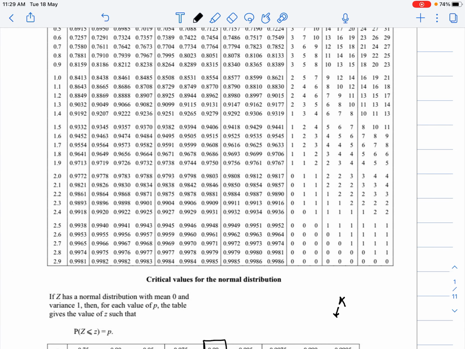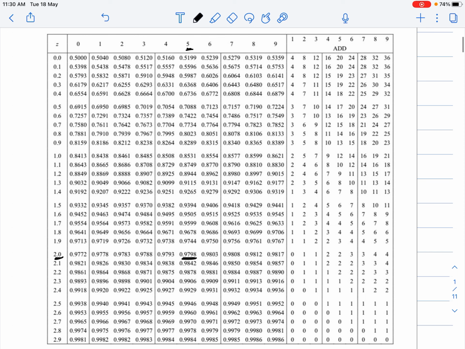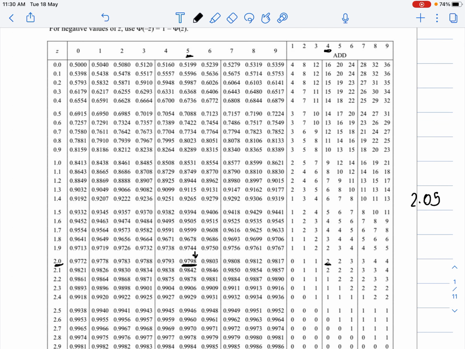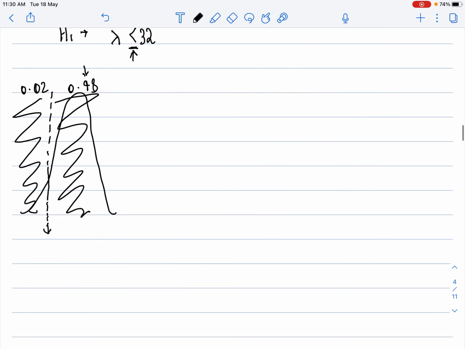I have 0.9798 here, which is 2.05. But I'm missing 0.98 by 2, so I can look up 2 here, which gives me 4. So my final answer is 2.054. Easy reading the table. Now, I can't write this as positive because it's less than the mean, so it becomes minus 2.054.